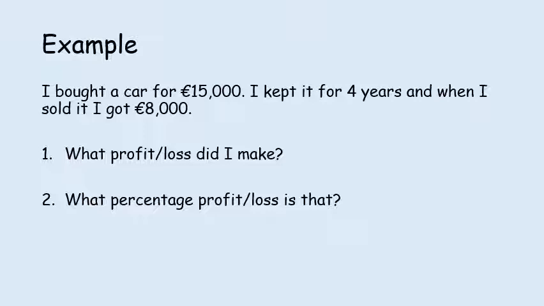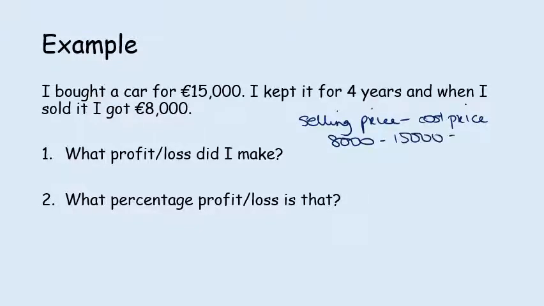So if you think back to earlier in the video with the formula, we said it was selling price minus cost price. Okay, so if I do that, I have €8,000 minus my cost price of €15,000, which will leave me with minus €7,000.